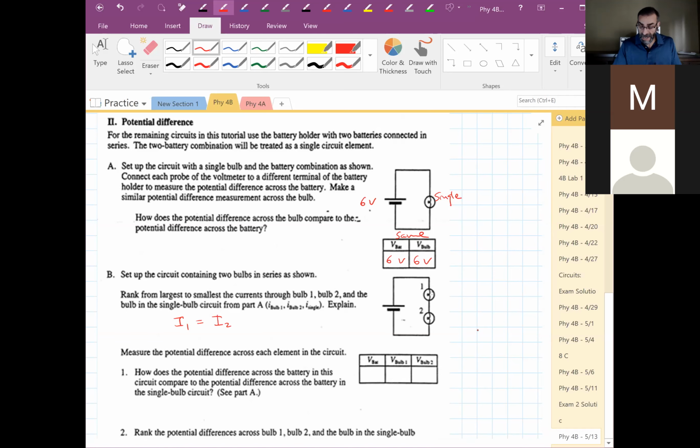It's going to be half as much, right? Because there's twice the resistance here compared to this resistance. So if this is the same 6-volt battery, then the current is going to be half of the one that happened up above there.